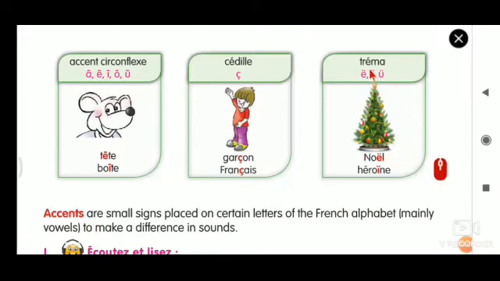And tréma: E tréma and U tréma, with the examples Noël and héroïne. Before explaining these things, we must see a PPT to understand this better.